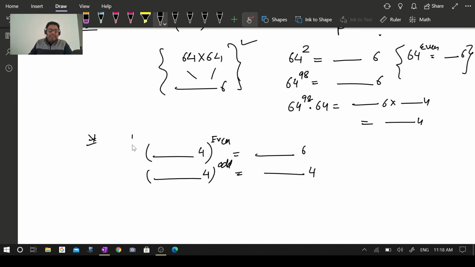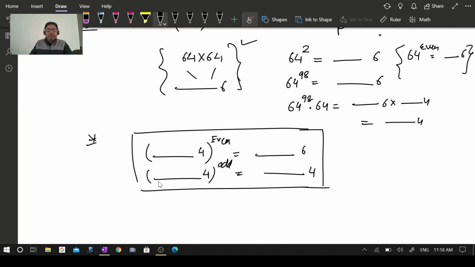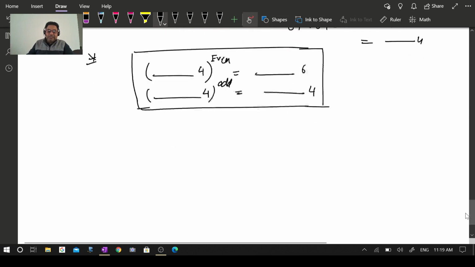You can take it as a rule, and you can check it out. 4 4s are 16, and 4 into 4 into 4 is 64. So one is ending with 6 and one is ending with 4. If you are interested, you can check it out.